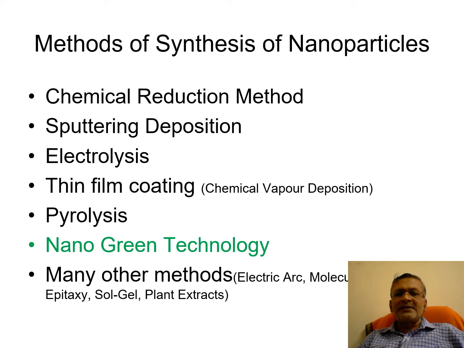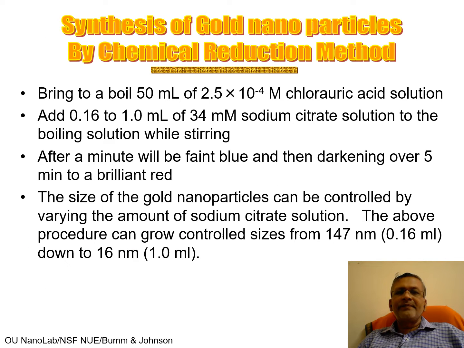Many other methods include electric arc, molecular epitaxy, sol gel, and plant extracts. In this way, the list extends to many methods. The most commonly used in laboratories is synthesis of nanoparticles using the chemical reduction method.